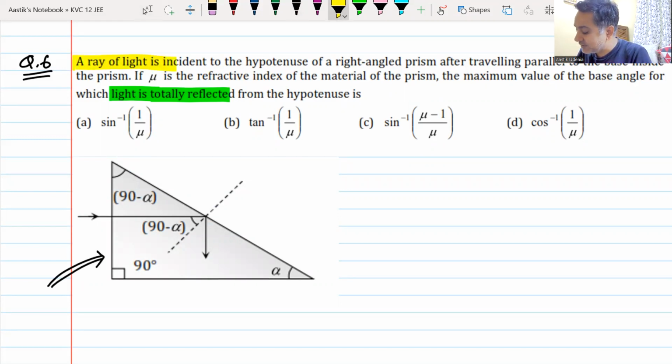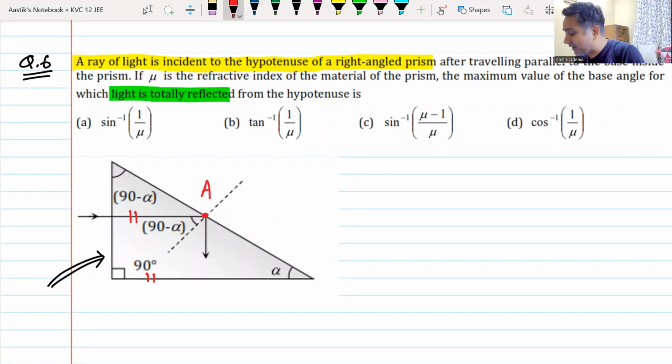Light is incident on the hypotenuse of a right angle prism. So I have a right angle prism, I have the hypotenuse, and you can see light is incident at this point A on the hypotenuse of the right angle prism after traveling parallel. So these two lines are parallel to the base inside the prism.